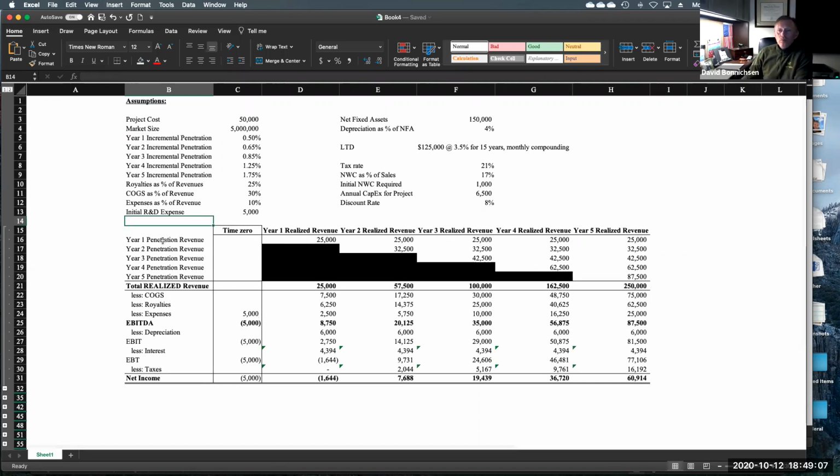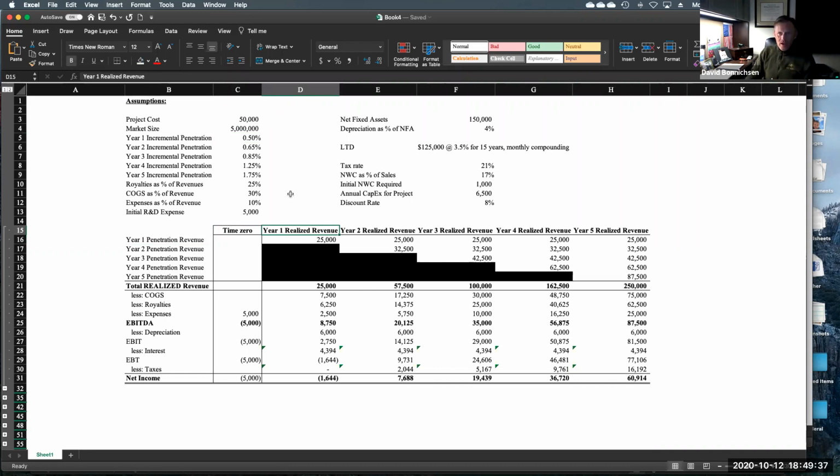So we know that in year 1, we have a total market size of $5 million. And we know that in the first year, we are going to penetrate that market by 0.5%. So our revenue stream is going to be 0.5% of the market size. Think of this in layers.